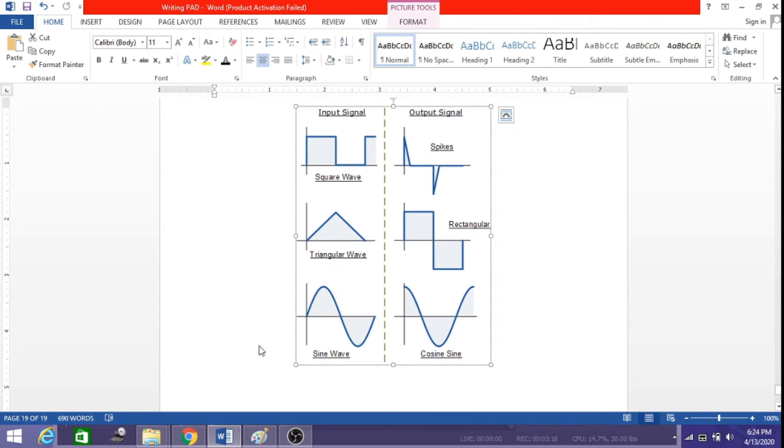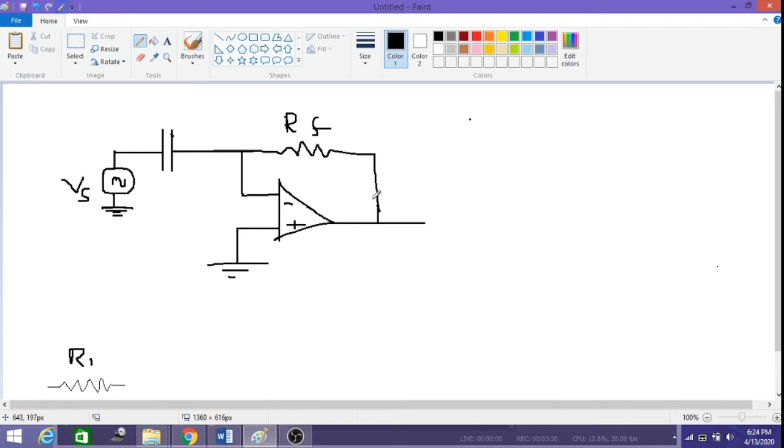It is carried forward similar to our integrator circuit. This is our V0 point, this is our V2 and this is our V1. Now let us apply Kirchhoff's current law. Let me write the current across this capacitor as IC, and the current across this feedback resistor as IF, and IB is the current flowing into V1, that is the inverting terminal.